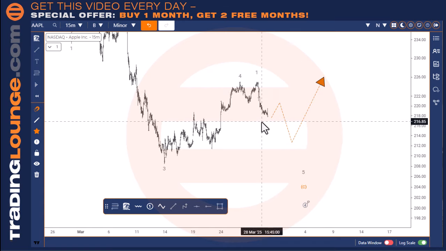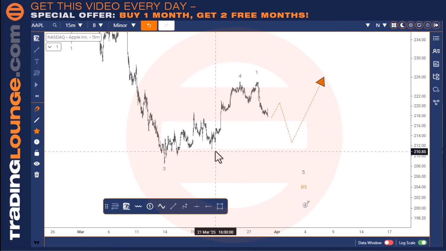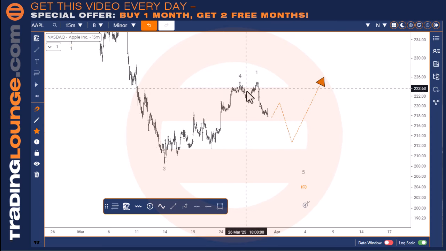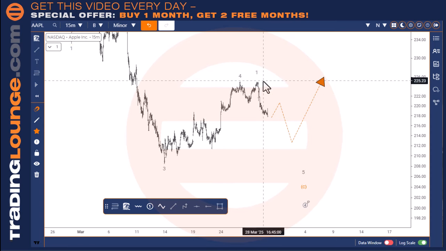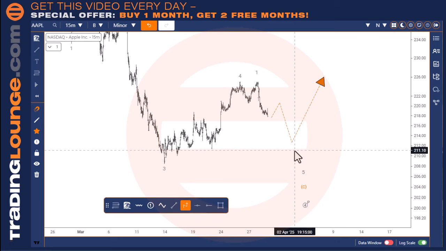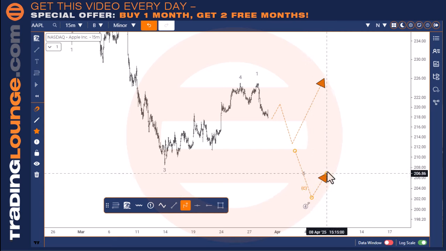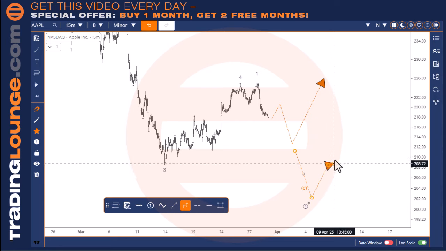Otherwise, we'll need to look at this as a wave 4 here, and we'll look at this as a little 1 and 2 in here, and then 1, 2, 3, 4, 5 for the third wave, fourth wave, and fifth wave over here. So there are different ways to look at this, and in this case, if we're coming down, then we'll be coming down closer into the 200 at that point.